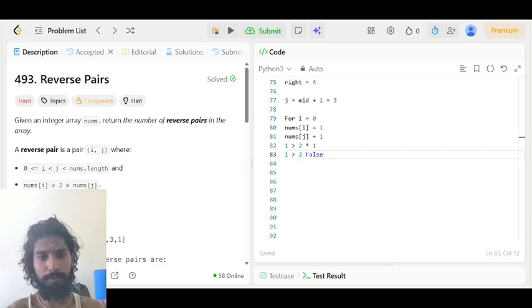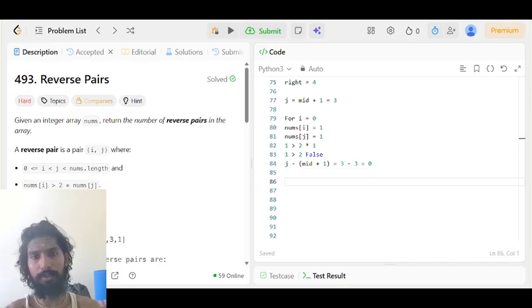So j does not move. Valid right side elements are j minus mid plus 1. That is 3 minus 3, so j minus mid plus 1 equals 0.